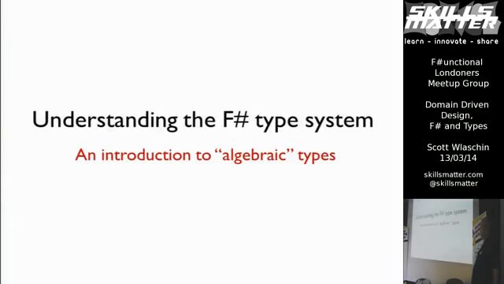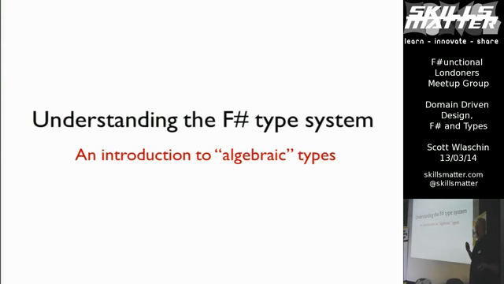So, moving on to the F# type system. The F# type system is algebraic types, and for people who are not familiar with algebraic types, it's completely different from the kinds of types you're used to if you're used to C# or Java or Python or mainstream languages. F#, Haskell, OCaml, they all use algebraic type systems.